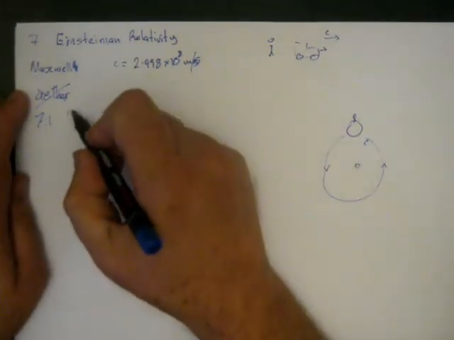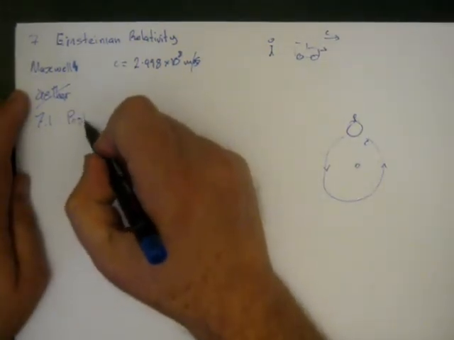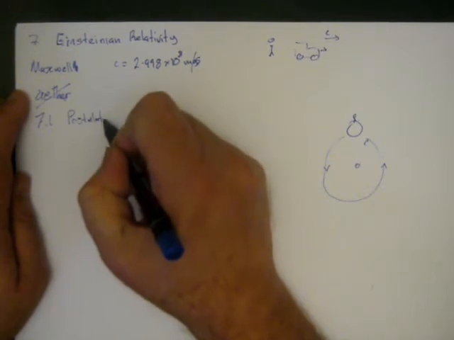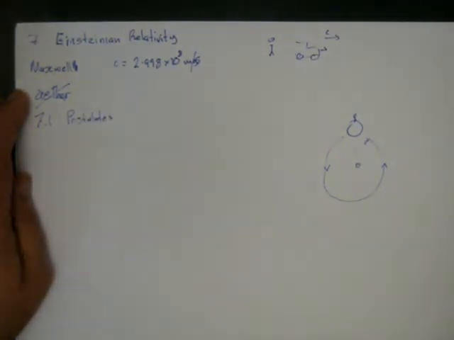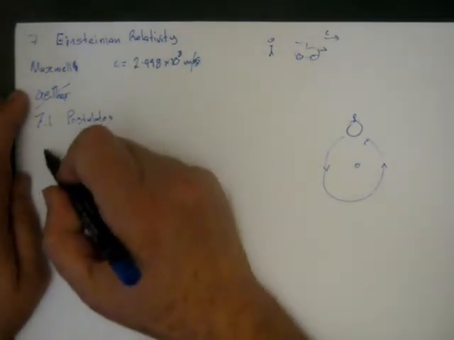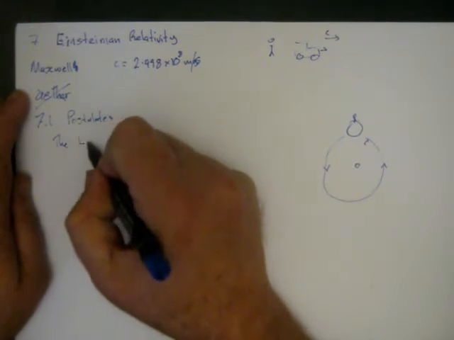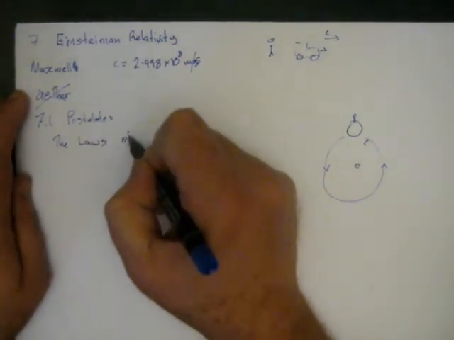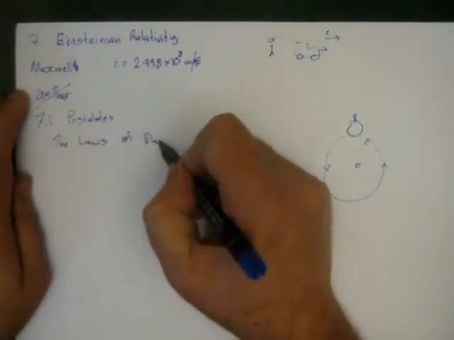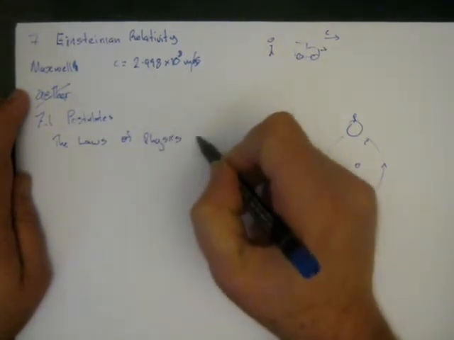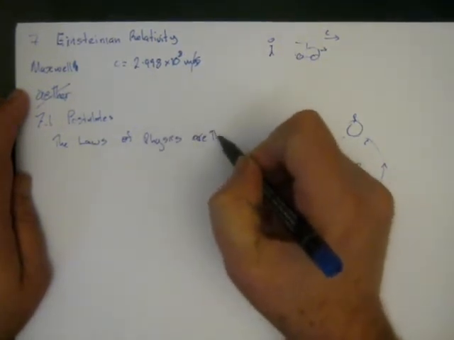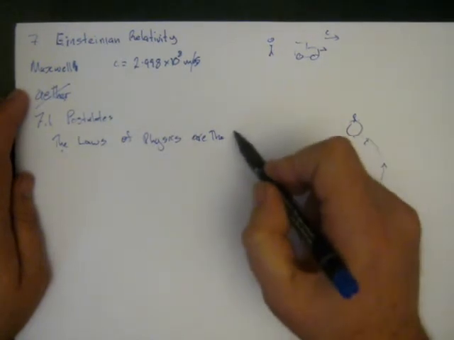But he came up with a couple of postulates. Any good theory should have your basic postulates, your basic assumptions, and you should say what they are at the beginning. So basically he says that the laws of physics are the same in all inertial frames.